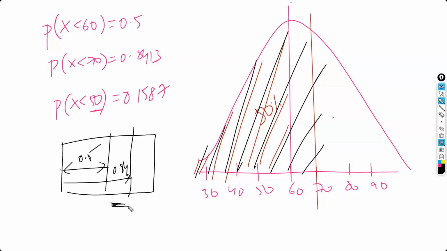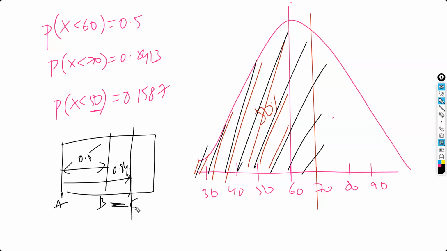Obviously 0.34 only, na? Because from A to B it is 0.5, from A to C it is 0.84. What is the distance between B to C? It is 0.34. The big area minus the small area. Point is clear?